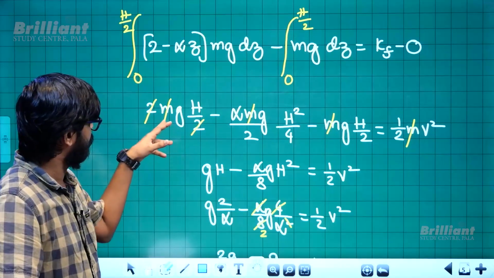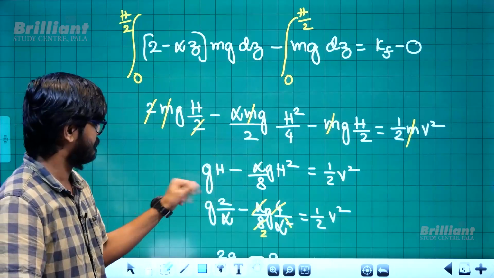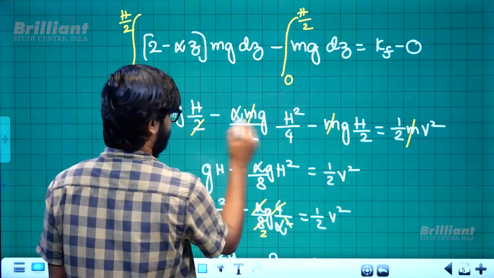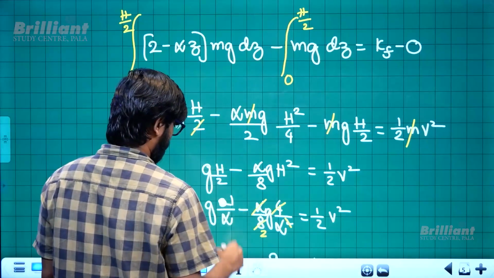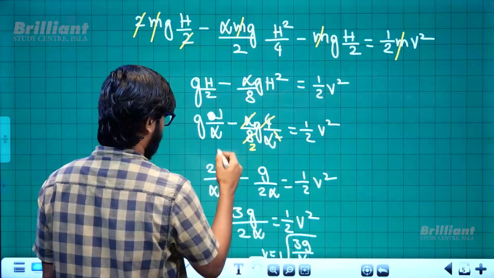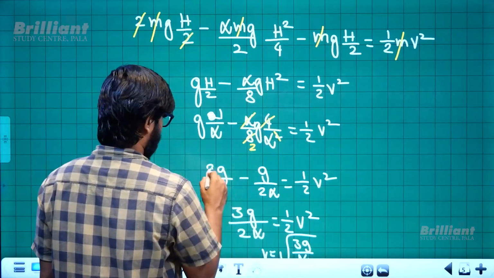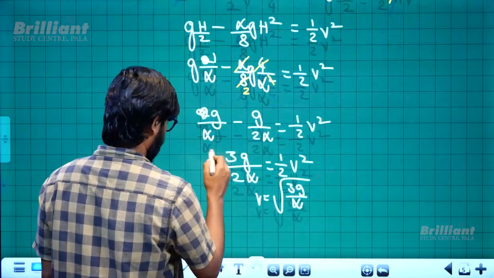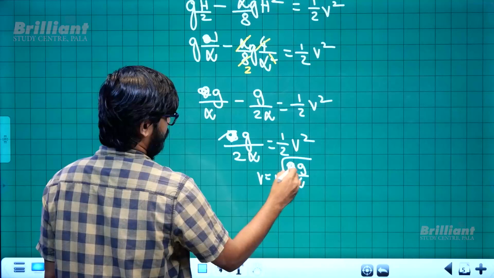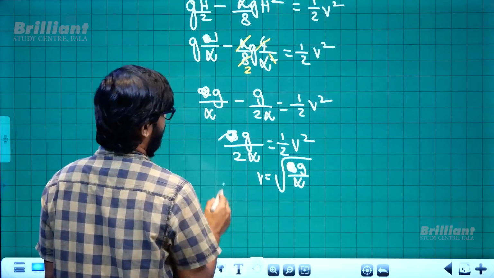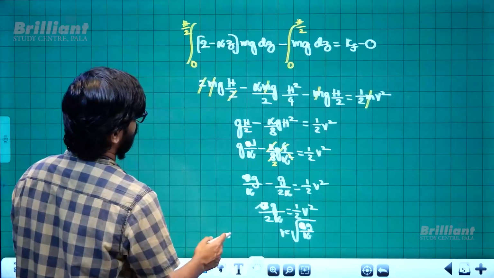So 2 and 2 will go, gh minus gh by 2 is gh by 2, so this you will be getting. h by 2 is 1 by alpha. So when it is 1 by alpha, you will be getting here 2 minus 1 g by 2 alpha, so you will be getting v as root of g by alpha. So that's what we will be doing.